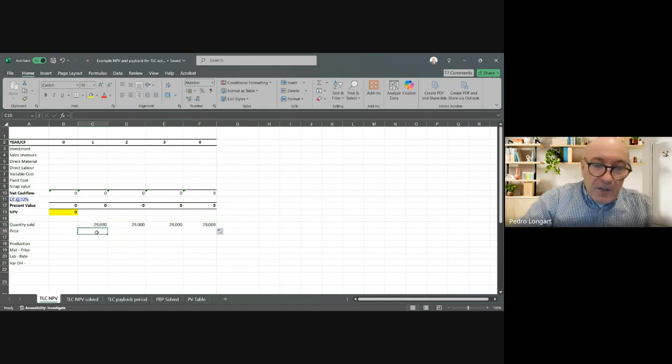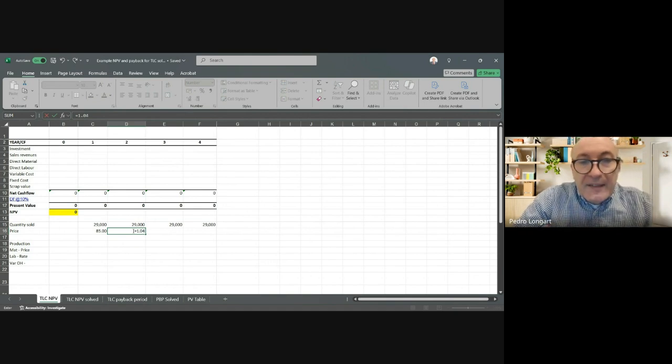You said that in year 1 the price is 85, but that price increases by 4% every year. So how much is 4% of that? It's 1.04. If it's 10%, it's 1.10. If it's 20%, it's 1.2, but if it's 4%, it's 1.04.